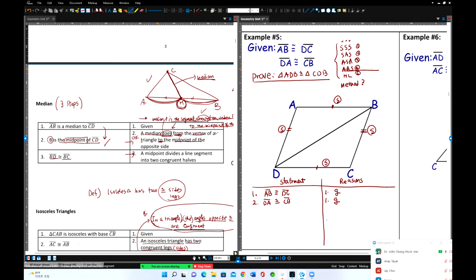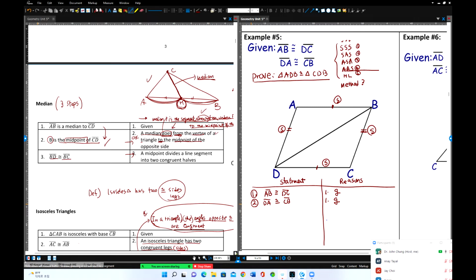We got the 2 sides. This is one side, I'm going to circle it. Done. Another done. Two sides. We need one more. If we have two sides, one more side or angle, which one? They didn't say anything about angles. From the given, only 2 conditions are given.